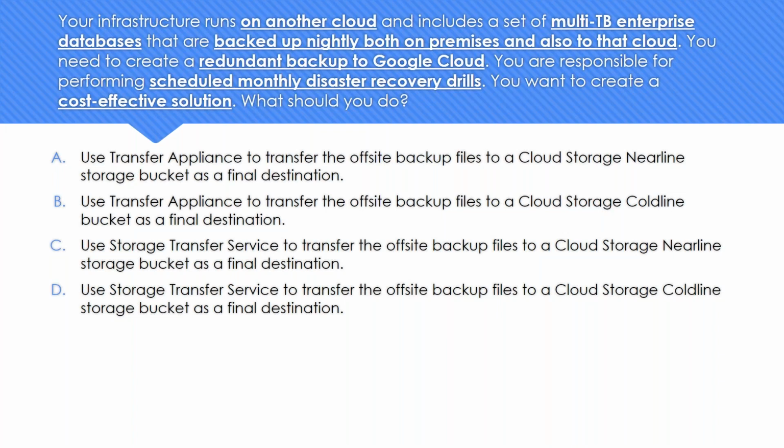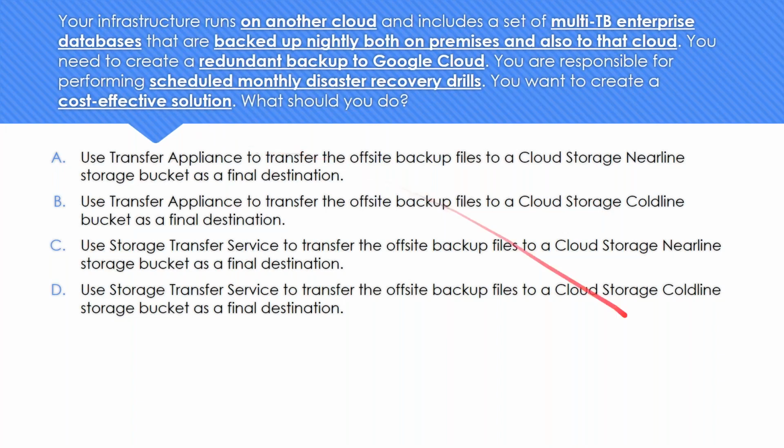So I'm left with only two options, C and D, that basically talk about transfer service. Now, such a product does not even exist if I see this question with the latest information. But if I make a small assumption, they are talking about transfer service for cloud. Then I can look into option C, to transfer offline offsite backup to a Google Cloud Storage Nearline bucket as the final destination.